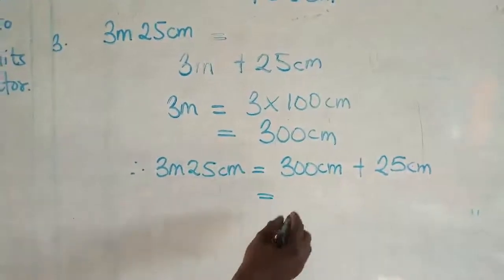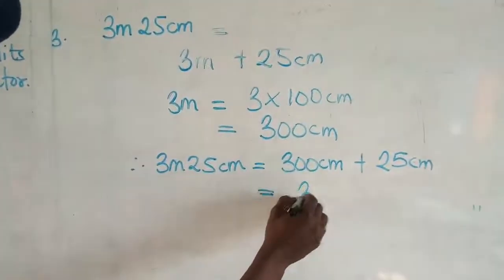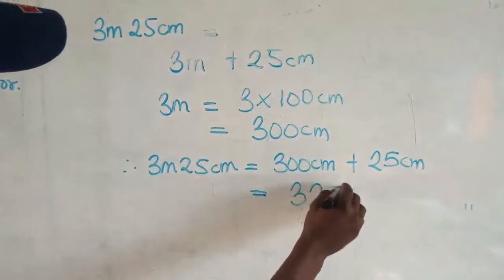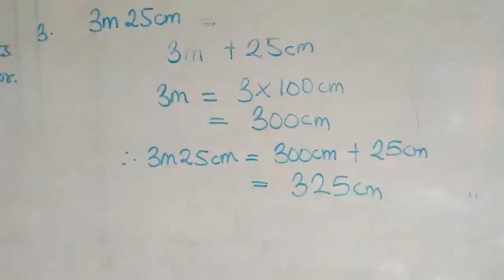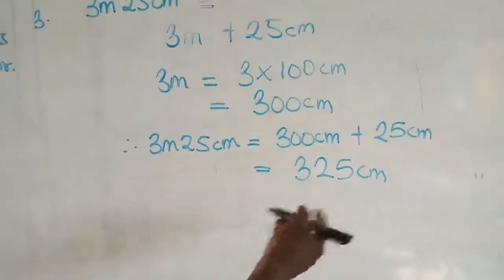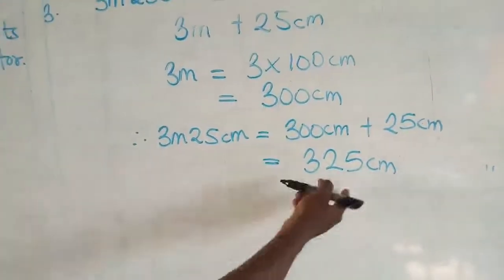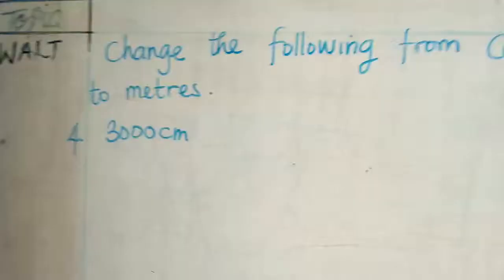Altogether is equal to 325 centimeters. 300 plus 25 is 325. So we have converted this to centimeters.